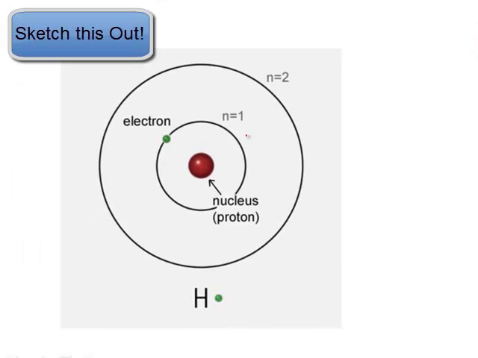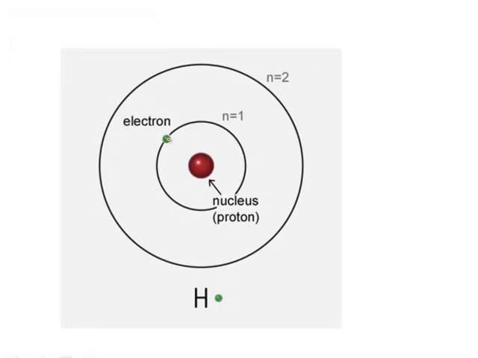So Bohr tried to understand what he was seeing when he saw these spectral lines. Basically his model of the atom said that electrons inhabit distinct energy levels, and the energy levels were a certain distance apart from each other. So say I have an electron here.